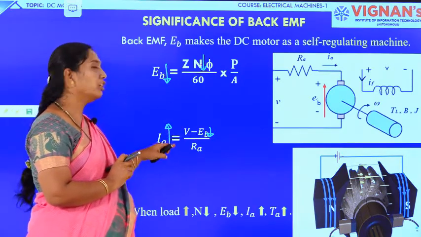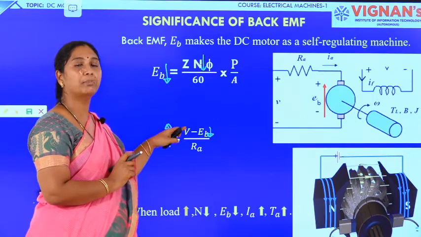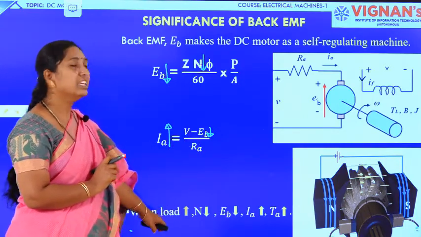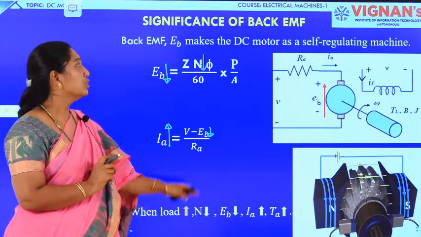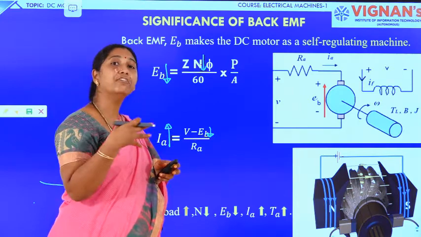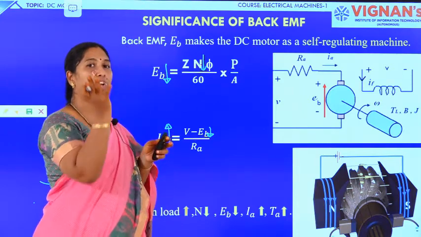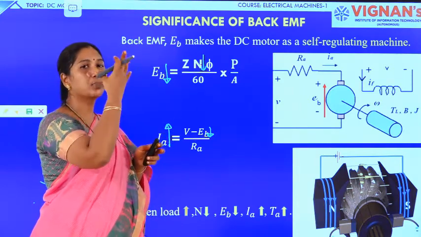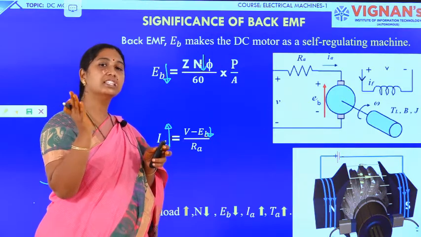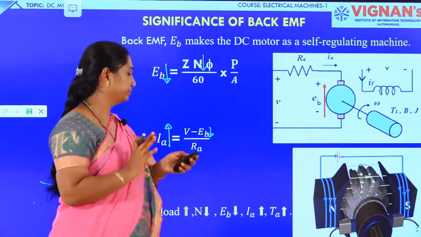Therefore, the motor draws a high amount of electrical power in terms of the armature current to meet the increased mechanical load. So, in this way, the DC motor acts as a self-regulating machine.